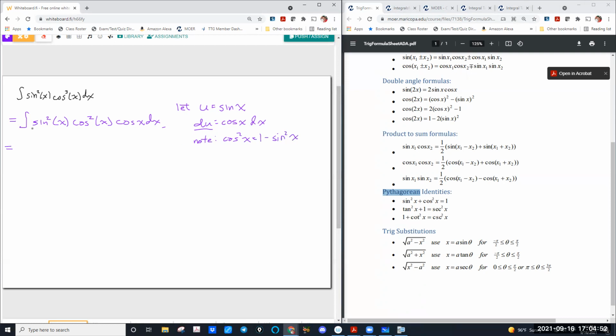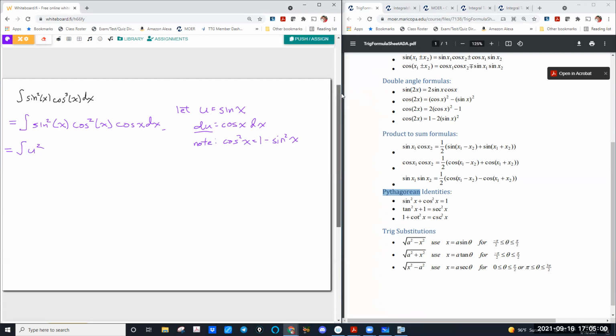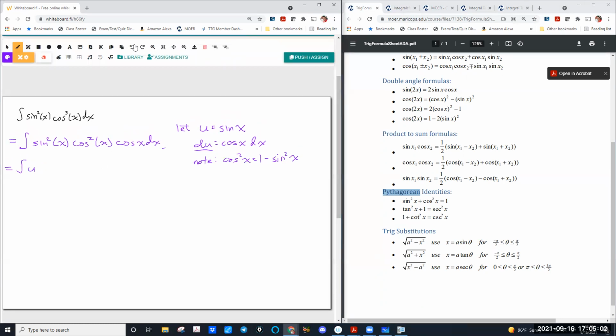We now can get this whole thing in terms of u. Actually, I don't want to do the substitution just yet, because I want you to see all the steps. We have sine squared x, 1 minus sine squared x, that's our Pythagorean identity, cosine x dx.